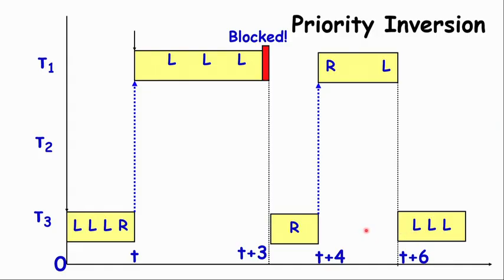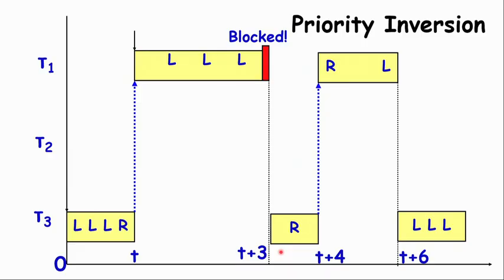So, this is an example of a single priority inversion, and the time for which the task T1 gets blocked is between t plus 3 and t plus 4, where the task T3 completes use of its critical resource.